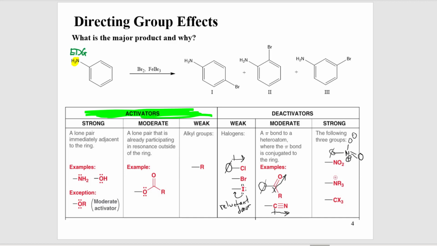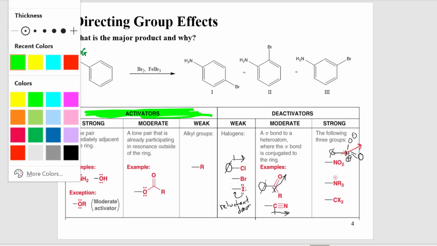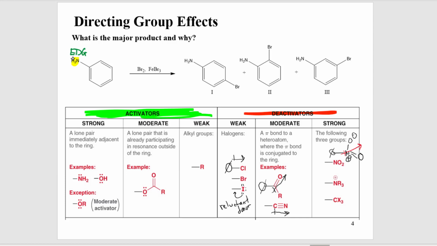The dipole for NO2 is most certainly going out and away from the benzene. So this is an extremely strong deactivator. This really slows a reaction down big time. In fact, for some of the reactions that we studied, if a nitro group is on the benzene ring, sometimes they won't even occur, because the nitro group depowers the benzene ring as a nucleophile so much that the next reaction doesn't even work.